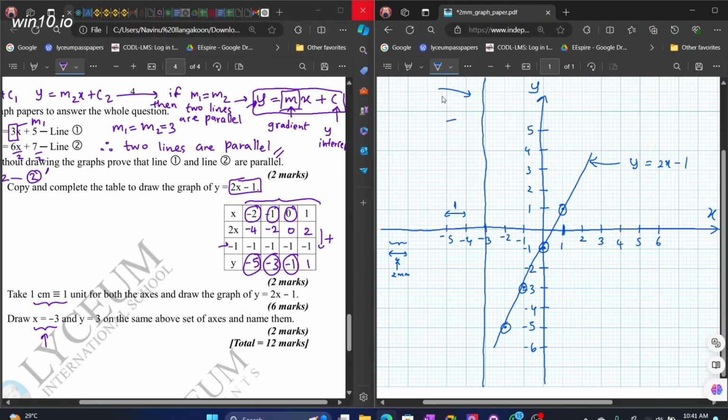Always in this line, x is equal to minus 3. Okay. Then y equals 3 means always the y value is equal to 3. So y equals 3 is here. So along this line, always the y value is equal to 3.